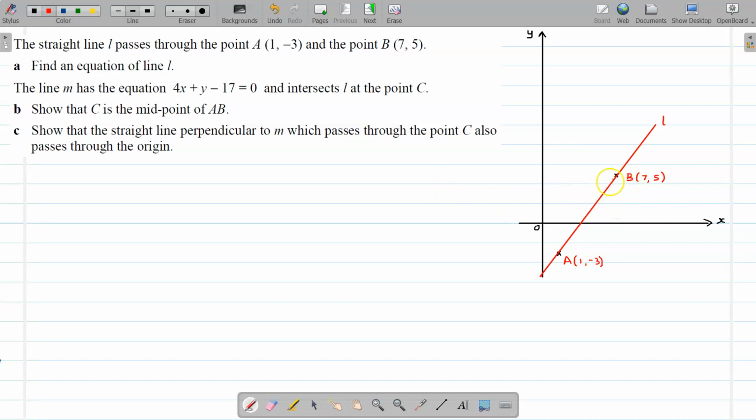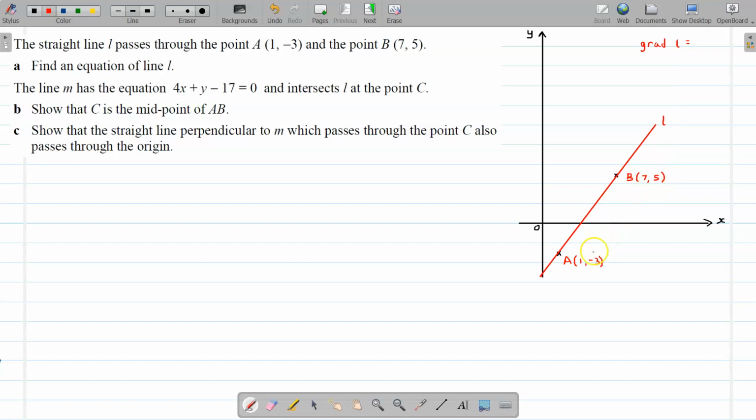Now, the gradient of L is basically made up of the difference in y coordinates divided by the difference in x coordinates. Okay, so I'm just going to write that up here. The gradient of L, because we need the gradient to find the equation. So the gradient of L is equal to the change in y divided by the change in x.